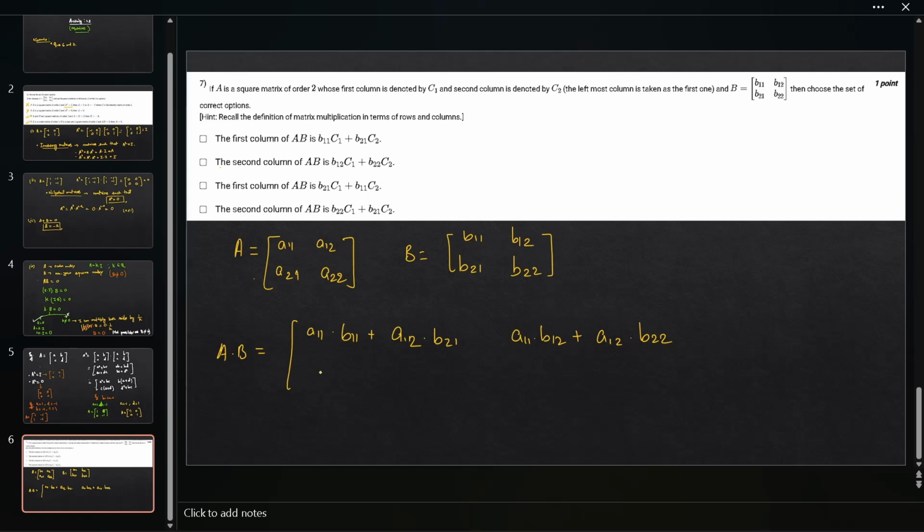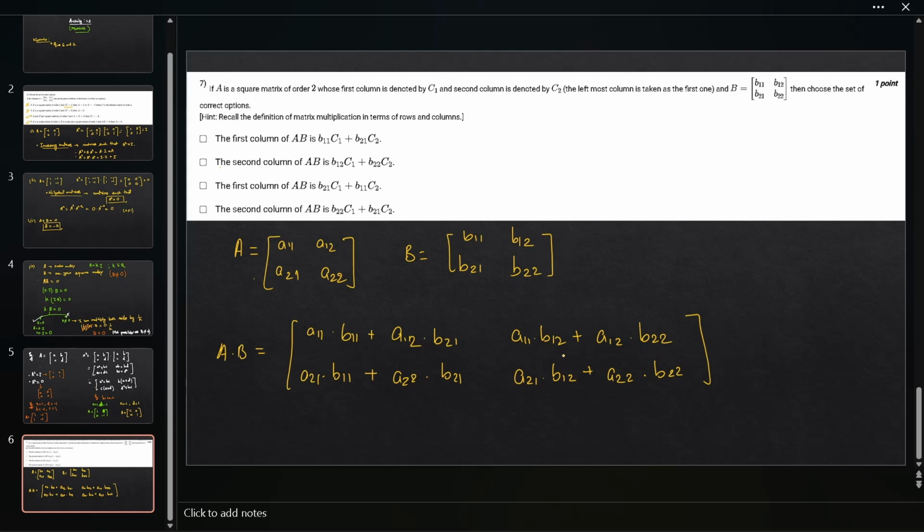Now, for the 2, 1 element of AB, we will take the second row of A and the first column of B. That means A21 will get multiplied with B11 plus A22 will get multiplied with B21. Now, for the 2, 2 element of AB, we will take the second row of A and the second column of B. That means A21 will get multiplied with B12 plus A22 will get multiplied with B22. So this is our product matrix AB.